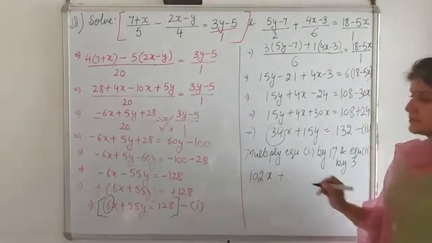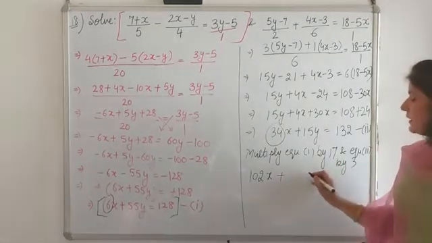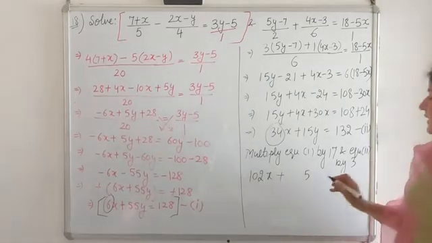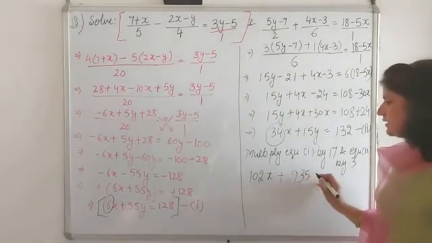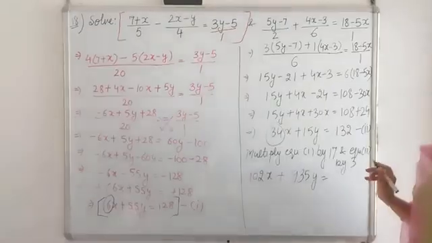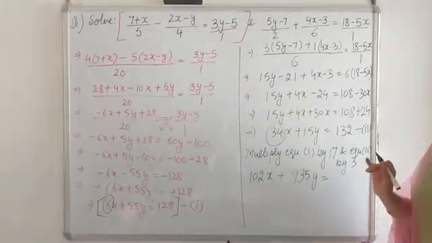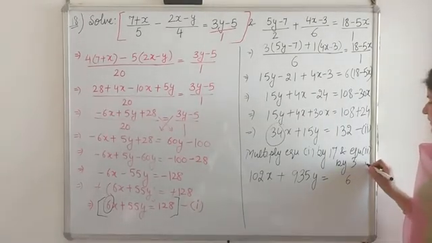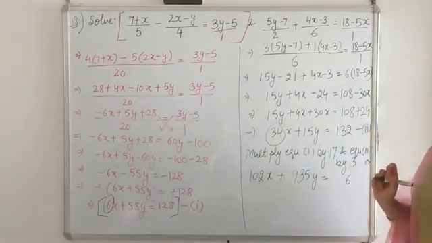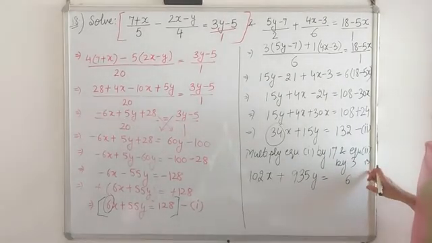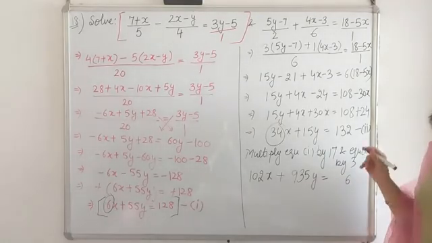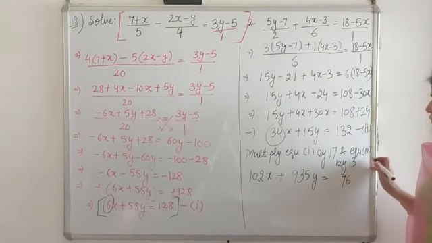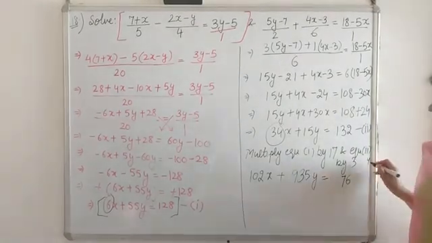If you multiply this full with 17, 17 6s are 102x plus 17 5s are 85, 85 and 8, 93, 935y is equal to 17 into 128.